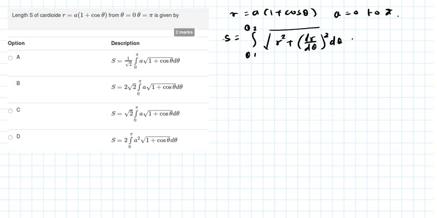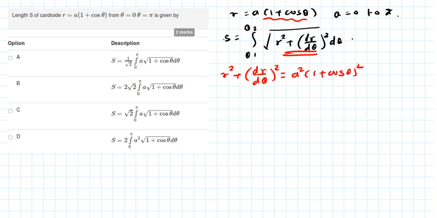Our problem is now with this r square plus dr by d theta square. We have the value for r, so r square will be a square into 1 plus cos theta whole square. Also we can find dr by d theta, which will be minus a sin theta.